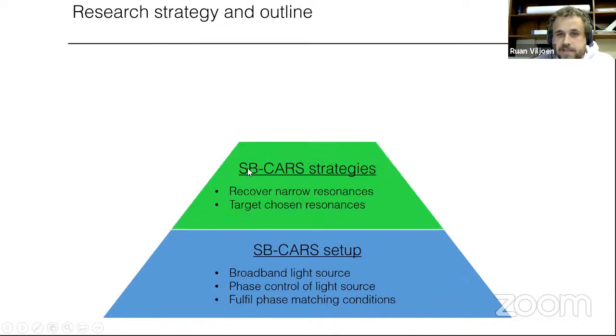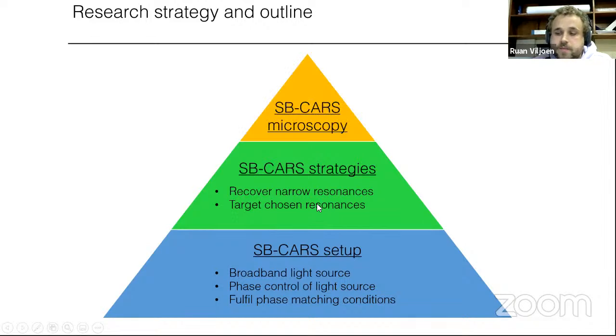Once this is all in place, you can move forward and think about single beam CARS strategies that can recover narrow resonances in your measurement and also target chosen resonances. If we can have this targeting in place, that means we can move forward to a microscopy system where we can isolate a particular transition that we know is contained within a biological sample and only image that particular molecule in this 2D space.